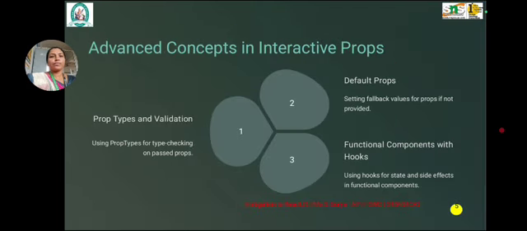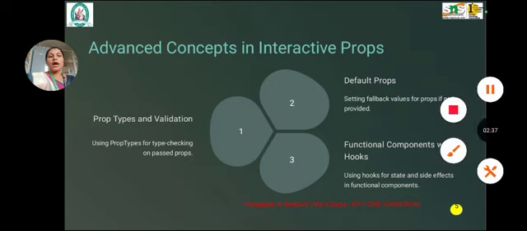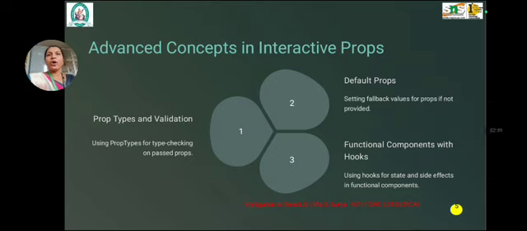And next, we have different types of advantages in this. First thing, props types and validation. Here the prop types check each and every prop that is passed along. And second one, default props. Default props come with fallback values, so no other settings need to be provided.